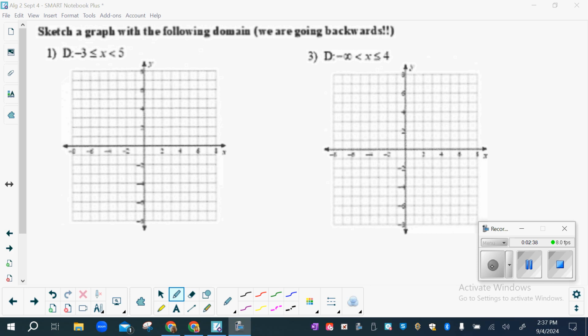E is negative. So this is what it is. No, wait, no. It's not. This is not in the right spot. Wait, I don't know.